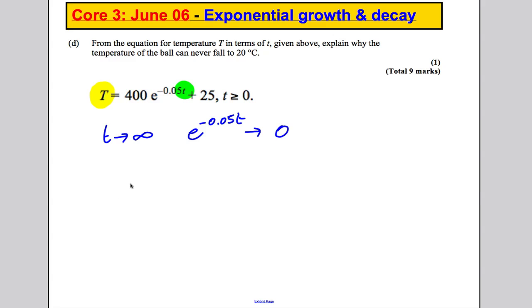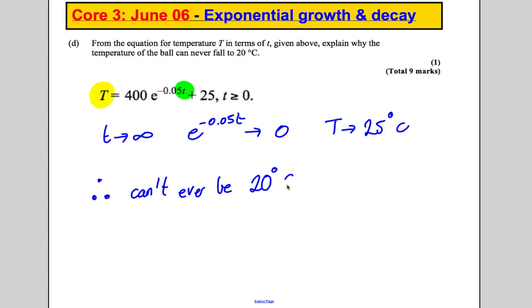So therefore, the temperature tends towards 25 degrees, and therefore clearly it can't ever be 20 degrees then, because it's falling all the time, and the lowest it could possibly be is 25, not 20.